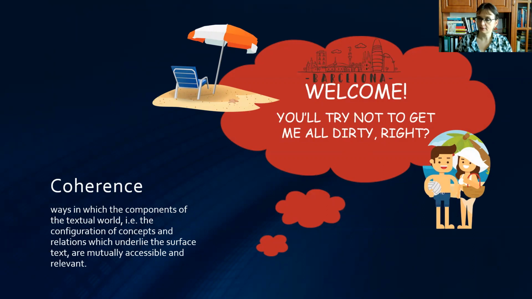But rather the local authorities who want people to be more responsible and not leave litter behind. And they make the necessary relations between the concepts while decoding the message.